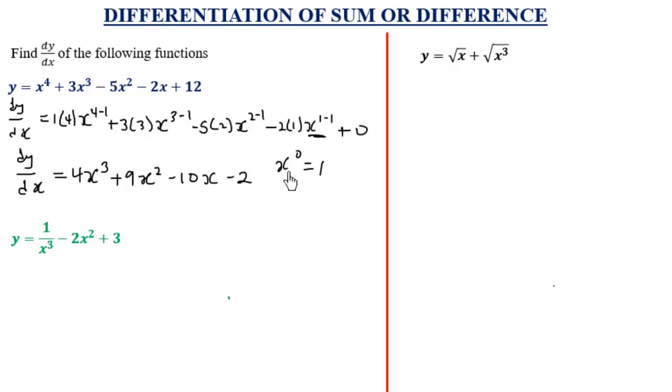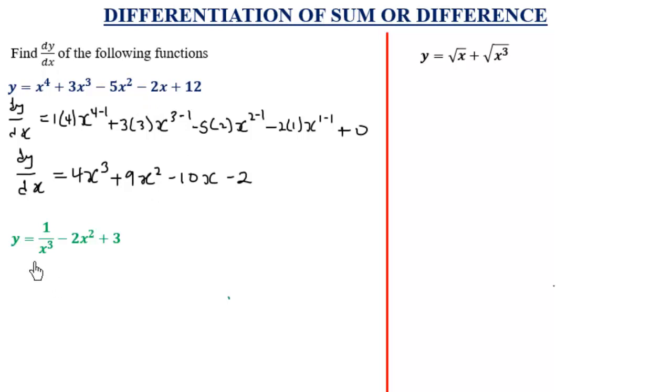So there's no need to bring x again. Alright. Now plus 0. This 0 is insignificant, so it wouldn't change anything, so we ignore it. So that's the derivative of the function x to the power 4 plus 3x cubed minus 5x squared minus 2x plus 12. That is the derivative.